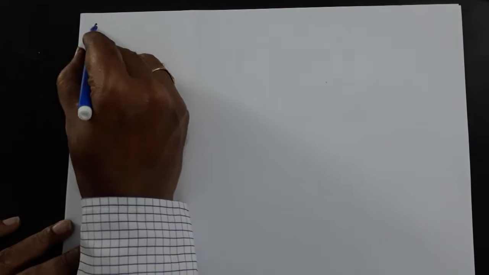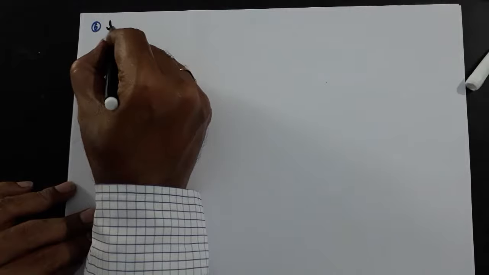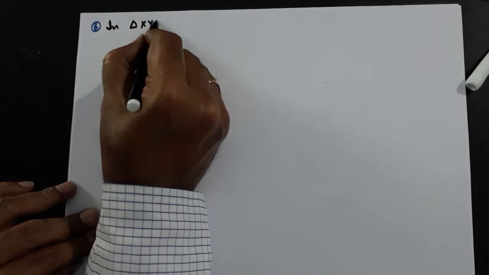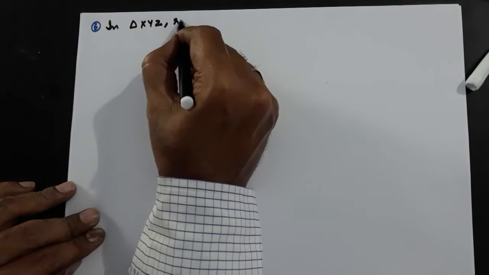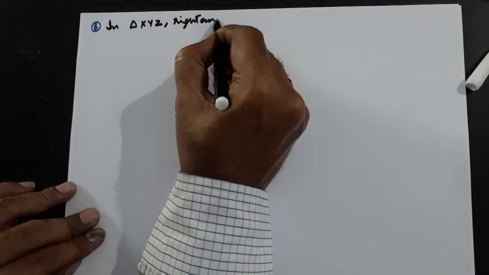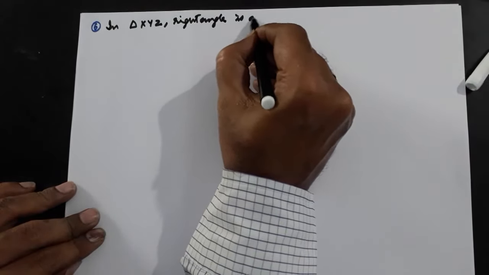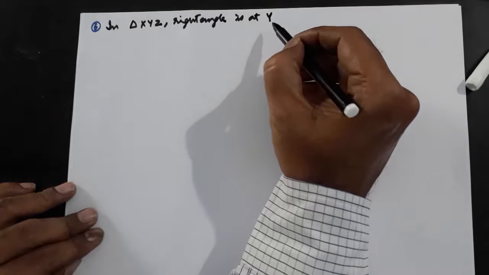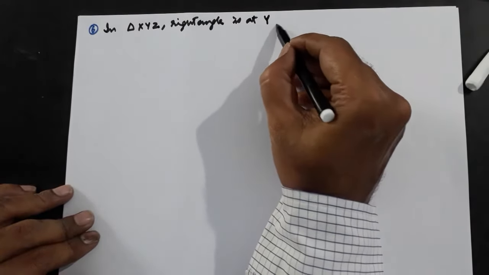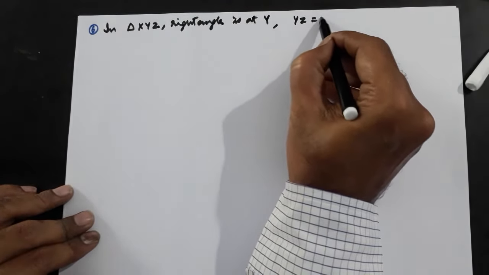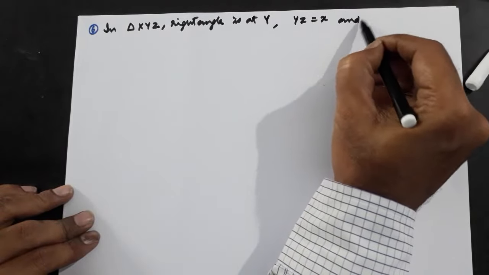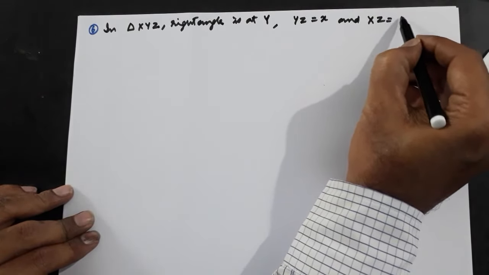So we'll come to problem 6. In triangle XYZ, right angle is at Y, and we have YZ equal to X and XZ equal to 2X.